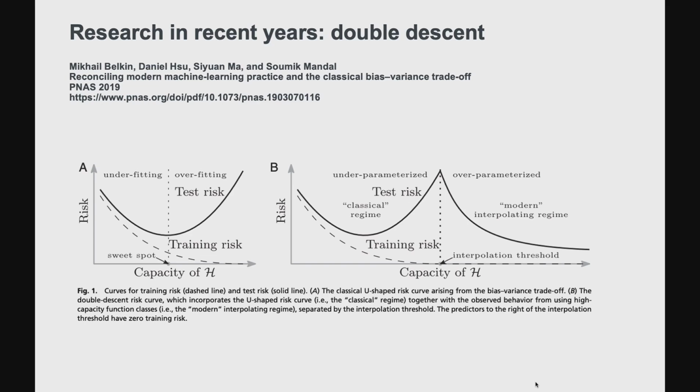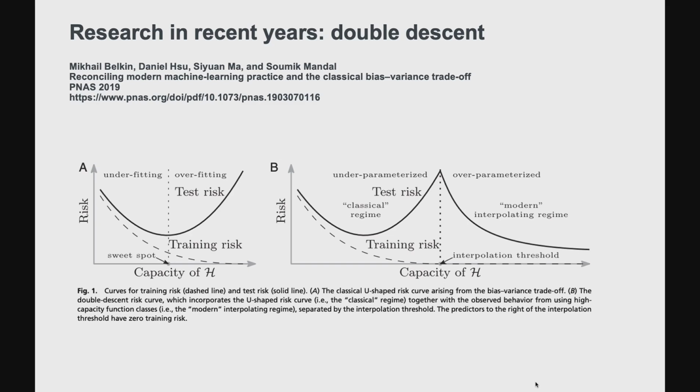And now what have people observed? Capacity here also means the model complexity. How can I adjust my model, like a more complex polynomial, or a more complex model for linear regression with more quadratic, cubic components, whatever.